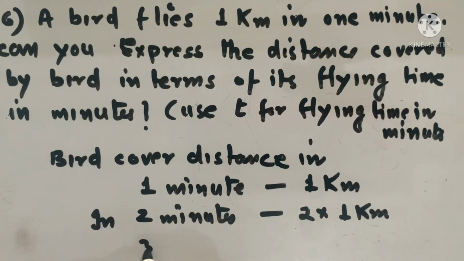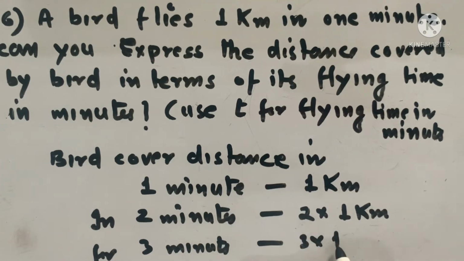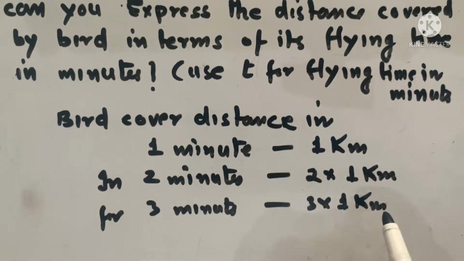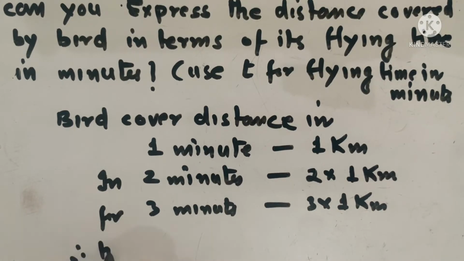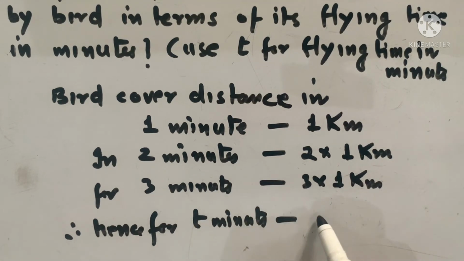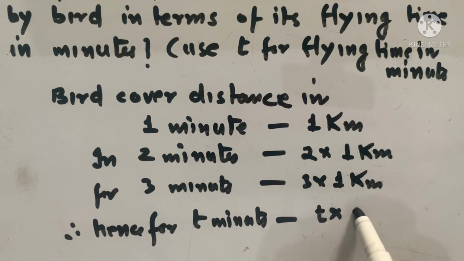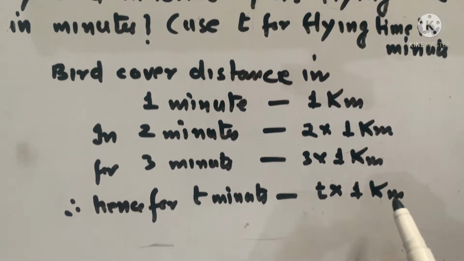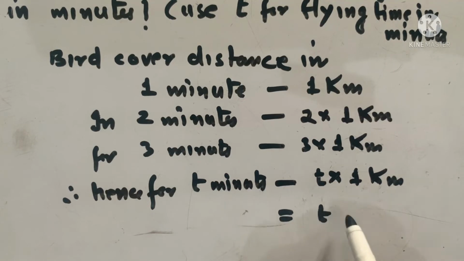For 3 minutes, distance covered will be 3 into 1 kilometer, and hence for T minutes, T into 1 kilometer, or T into 1, which is T kilometer.